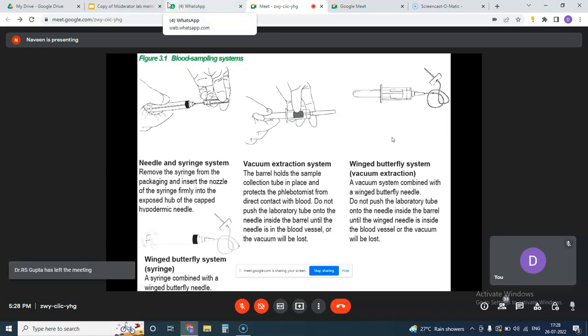And one more instrument is the winged butterfly system. This winged butterfly system can be attached both to the vacuum tubes and also to the syringes. So these vacutainers will give us a safety that there is minimal risk of exposure of the blood to the skin.